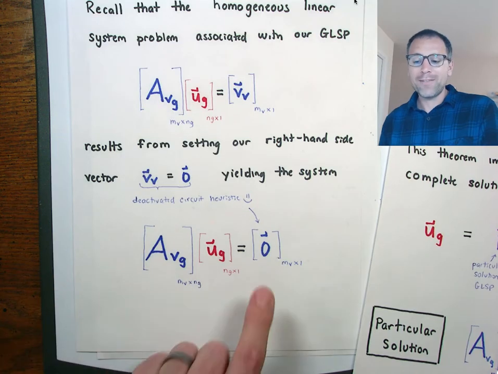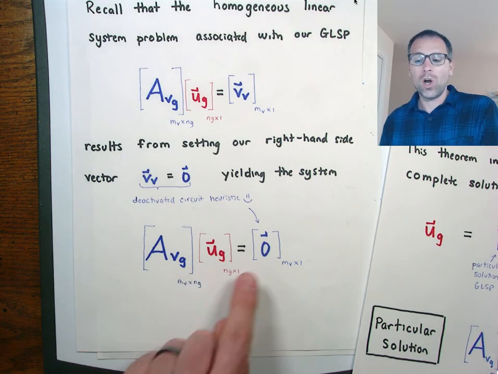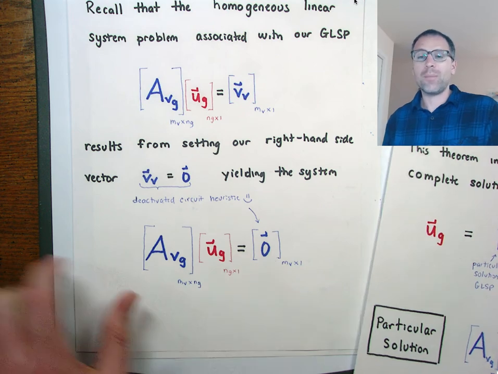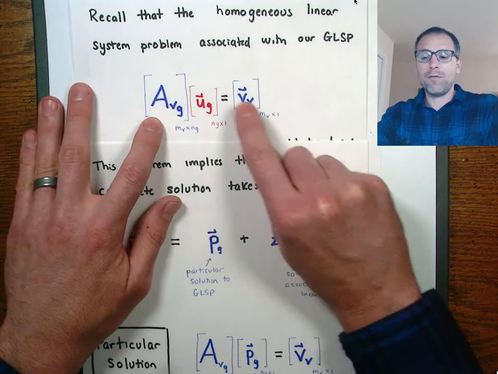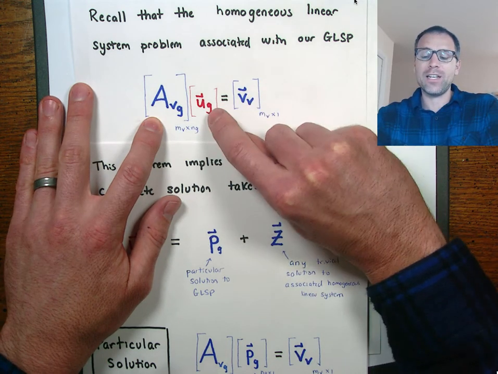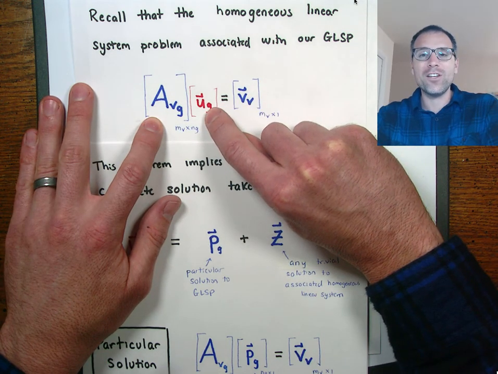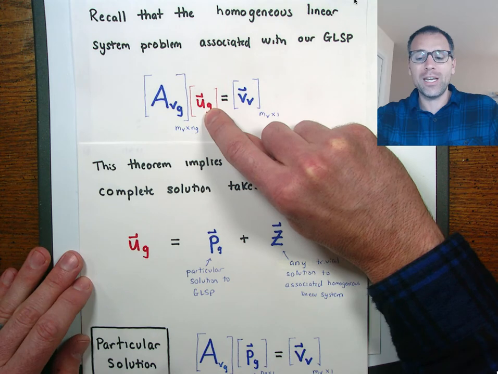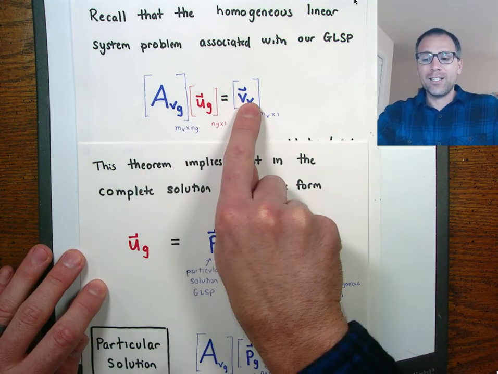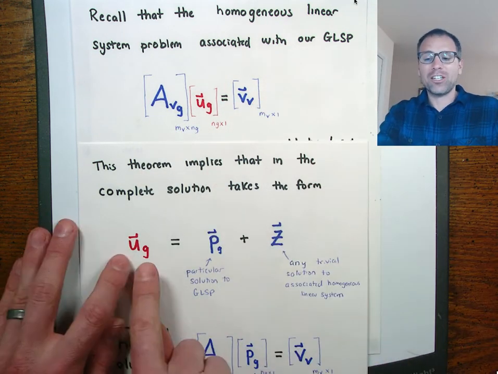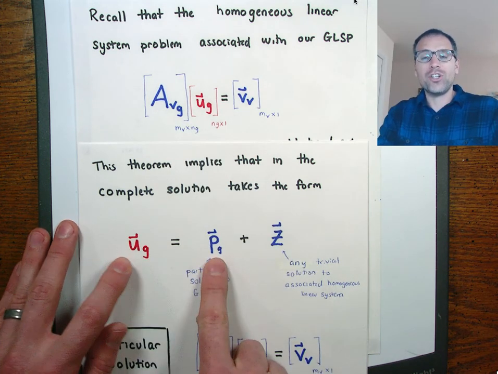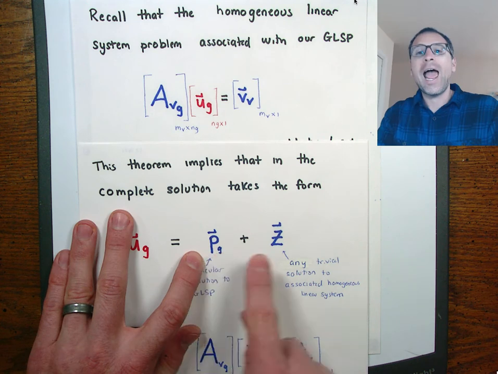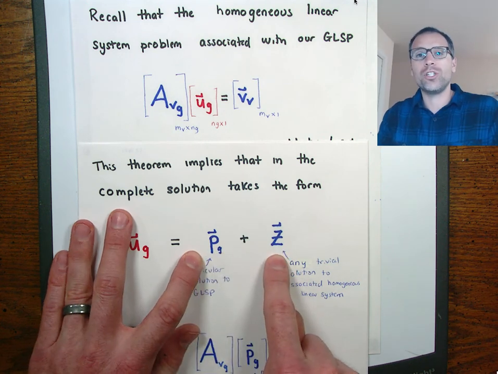Now, before we dive too deeply into what's going on with the homogeneous linear system, let me just give a general reminder. The point is, we have this connectivity of voltage sources. In that connectivity, there are redundancies within the individual entries of the vector u sub g. When we analyze this system with a known right-hand side, we can actually decompose the values of u sub g as a linear combination of something called a particular solution and any trivial solution to the homogeneous linear system.